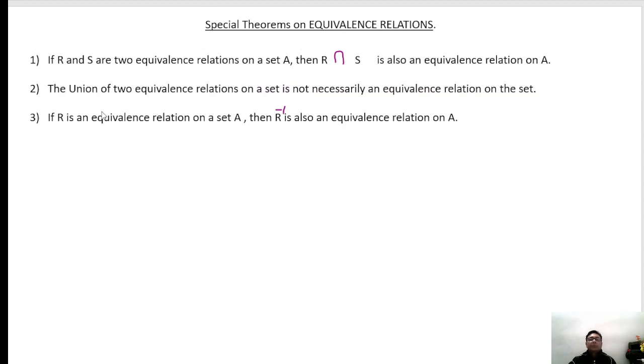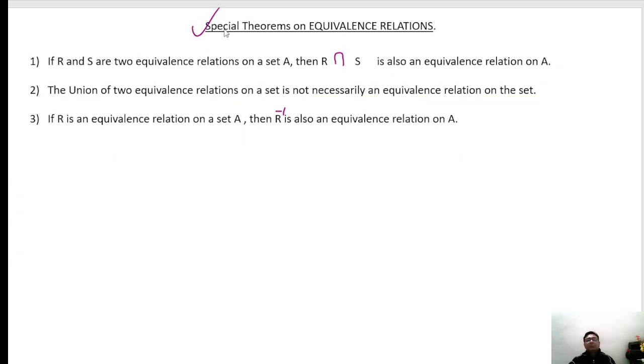Now let's see some special theorems on equivalence relations.